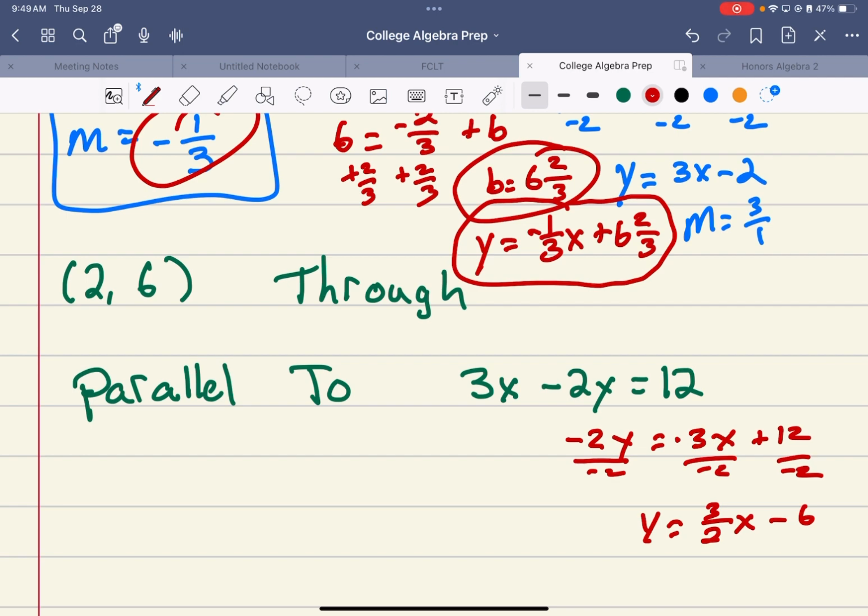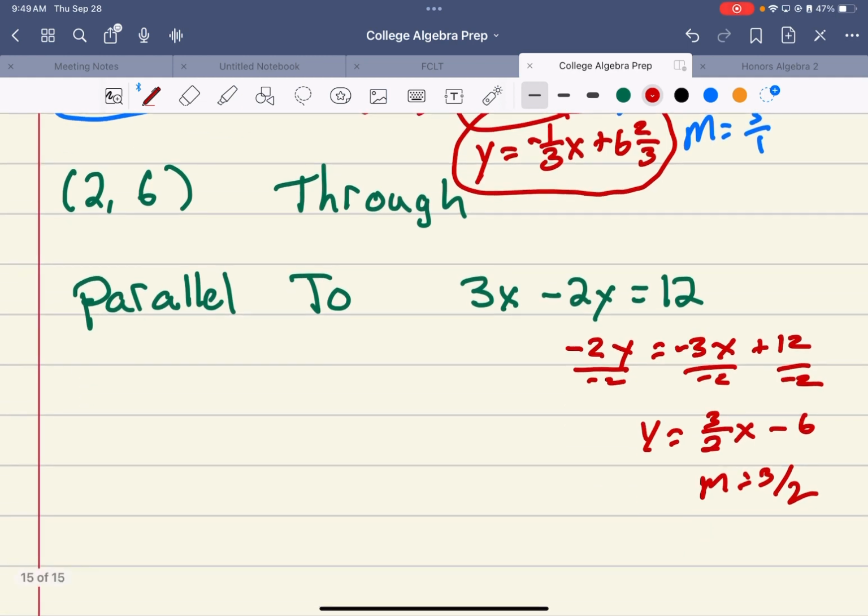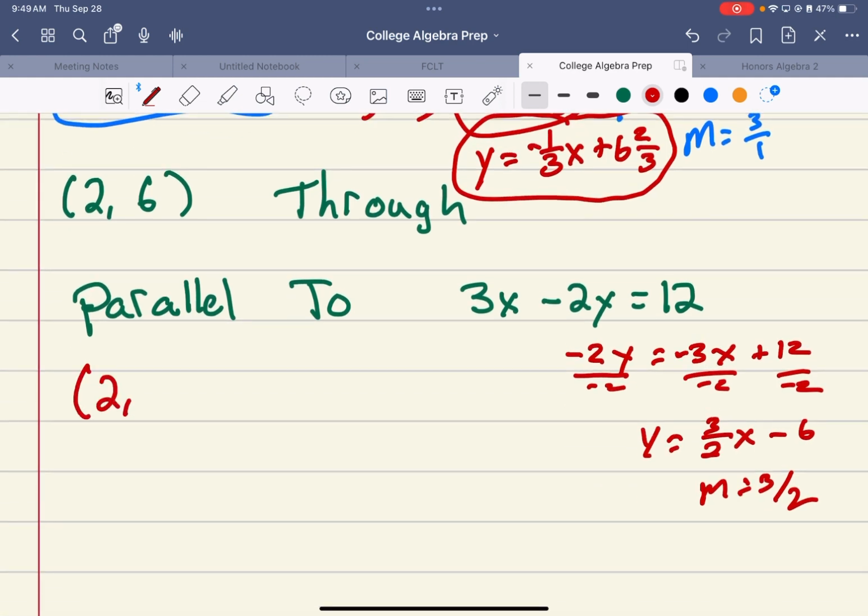So my slope for this one is 3/2. My point is 2, 6. Since they're parallel to each other, it's still going to be 3/2. Parallel slopes are exactly the same as each other.